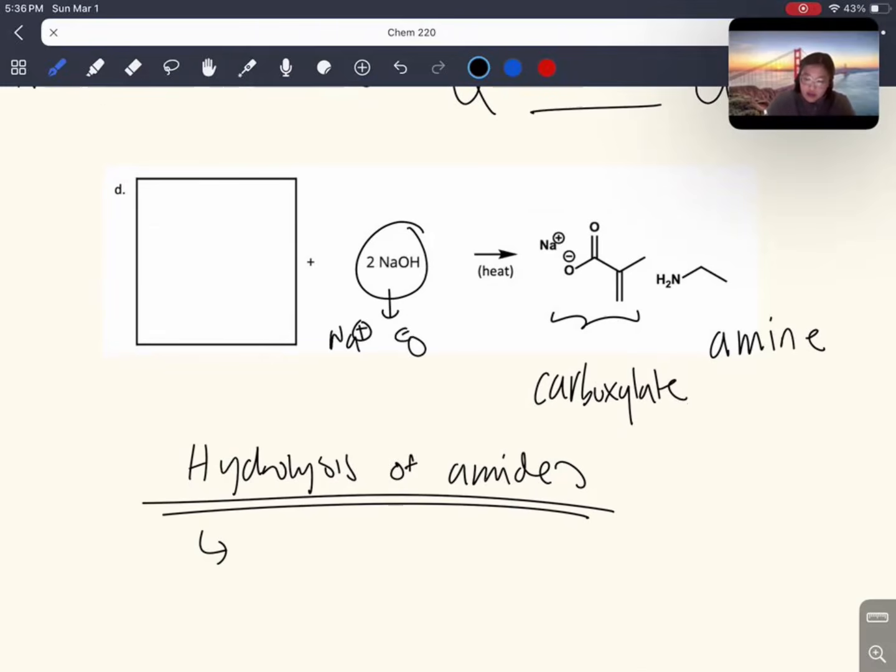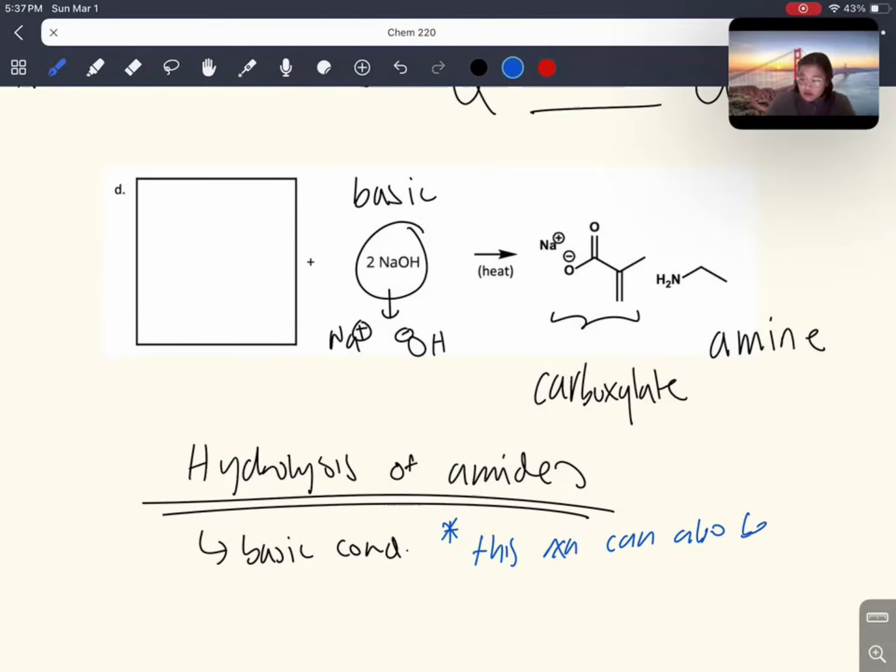And so this is done under basic conditions. Note that this reaction can also be done under acidic conditions too. But since one of the reactants is NaOH, we know that we're adding a base. And so we are doing this hydrolysis under basic conditions.